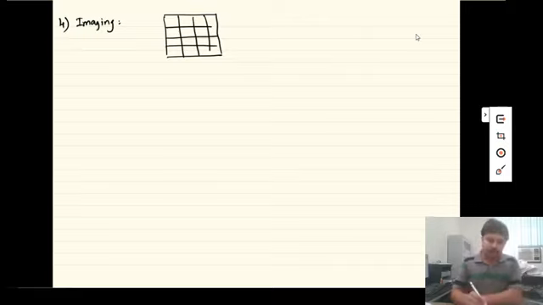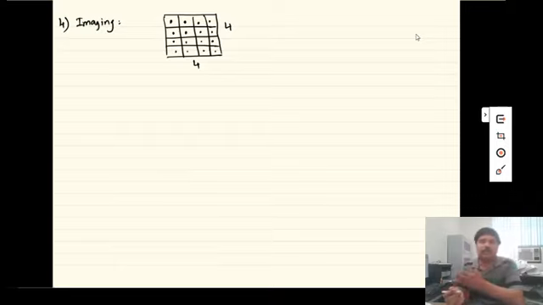This is a very primitive 4x4 block, so 16 pixels, and I read the grayscale value present in each pixel. That's how I read an image in a computer. So the image is nothing but the values in these 16 places, a collection of 16 values, which I can represent using a vector.